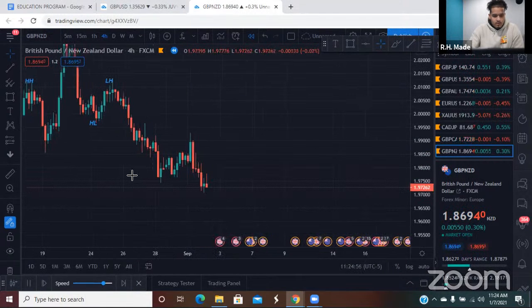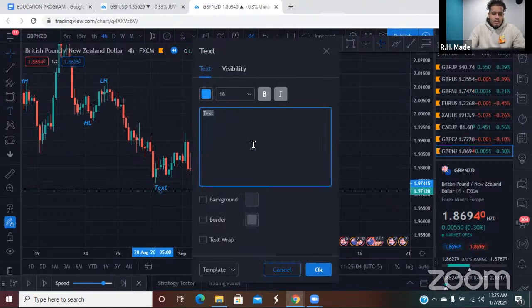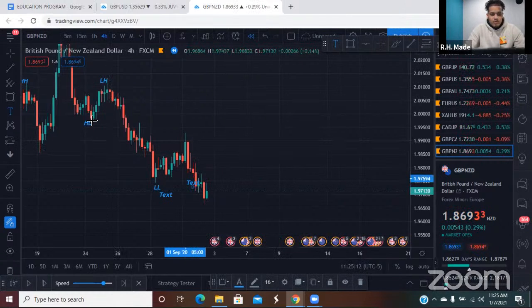Okay, perfect. Another one. Let's pause this and pull up the text bar. We have a new lower low, because this low point is clearly lower than our previous low.